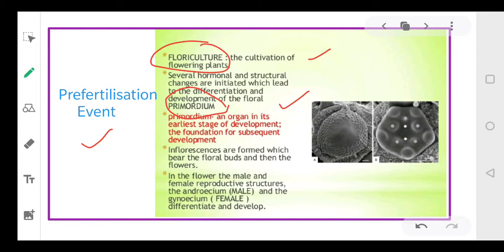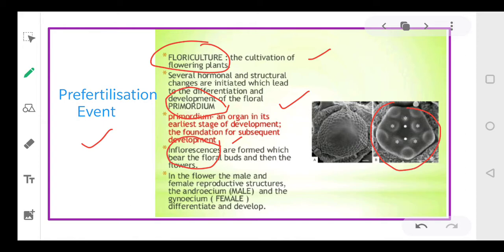Primordium is an organ in the earlier stages of development that lays the foundation for the development of the flowers. Inflorescences are formed which bear the floral buds and then the flowers. तो एक तरीके से inflorescence बनती है जिससे बाद में flowers की formation होती है.